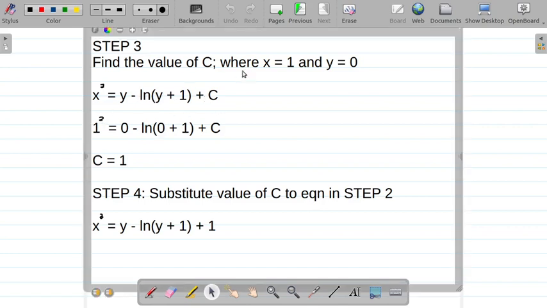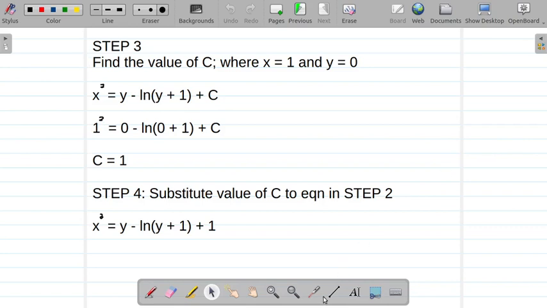So, we substitute the value of x. The value of x is 1. 1 raised to the power of 2 is equal to the value of y, 0, minus ln of the value of y, 0, plus 1, then plus c, which is the arbitrary constant. So, 1 raised to 2 is just equal to 1.